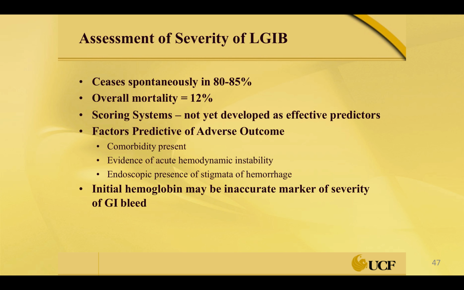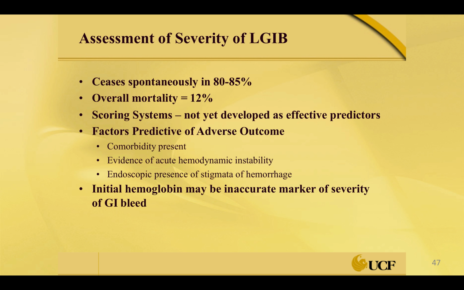So how do we assess the severity of lower gastrointestinal bleed? Well, LGIB ceases spontaneously 80 to 85% of the time. It does have a mortality rate of about 12%.